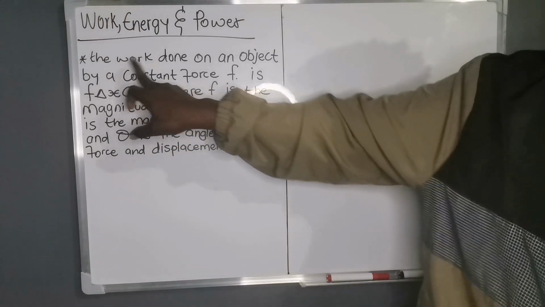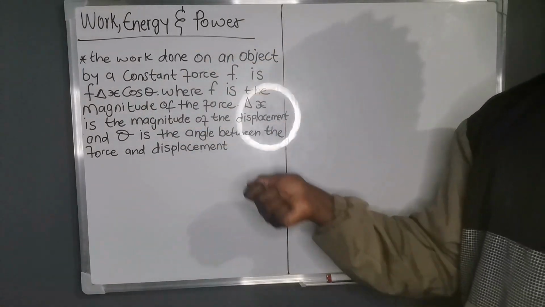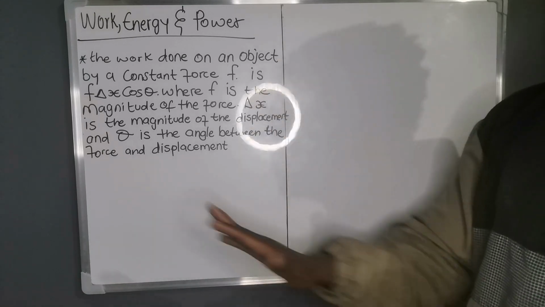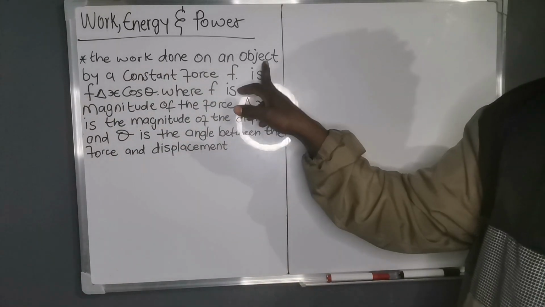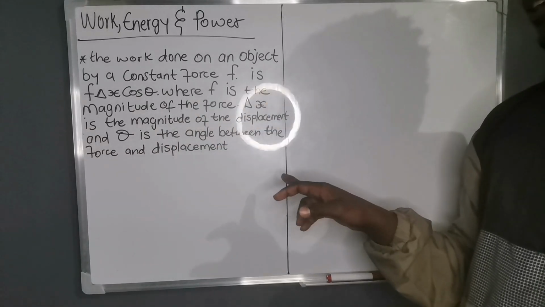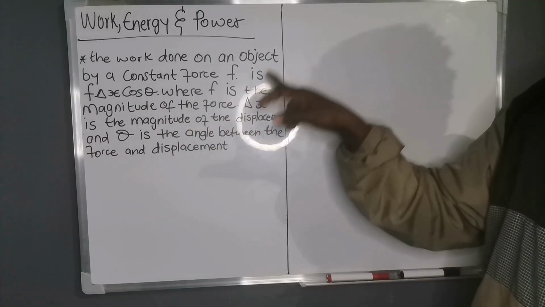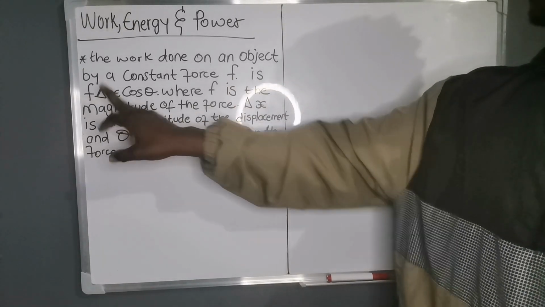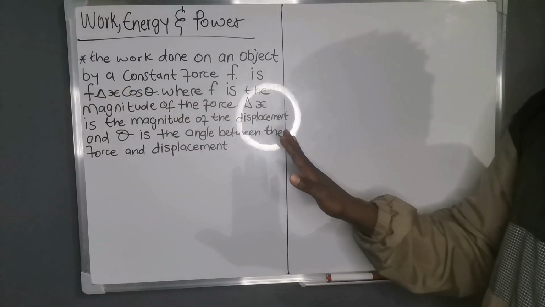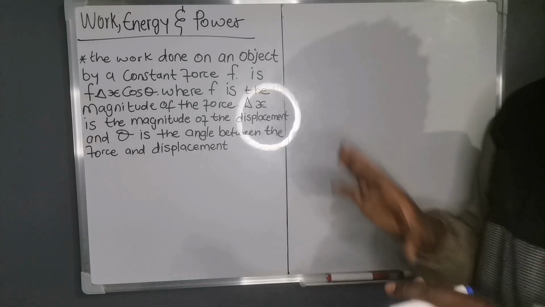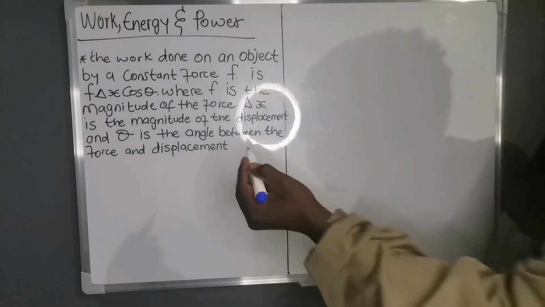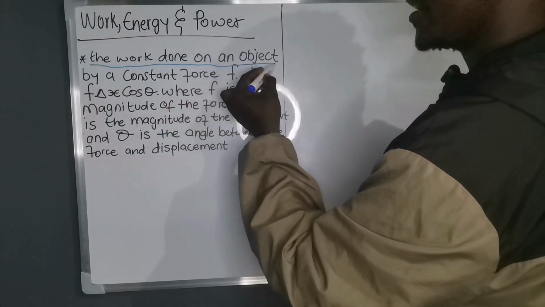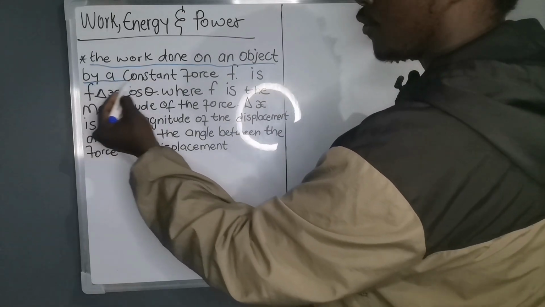So the work done, this is the definition of work, actually, work in general. Work is the work done on an object by a constant force. Basically, before you can do anything, you're expected to write the work done on an object by a constant force.